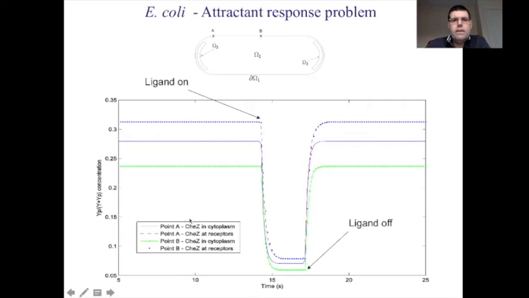And what we find here is that when we look at point A, when we have CheZ at the receptors of the cell, or likewise in the cytoplasm, then actually the difference is less when we have CheZ at the receptors here. So here, where we are agreeing in the sense of the red dotted line and the blue circled line, we see there's very, very close agreement, whereas in other cases they will differ in that way.